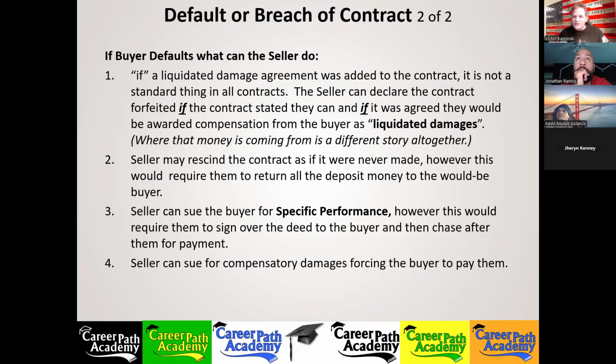They were just going to give you the deed? Now you have to pay them if you accepted it. So you got to be a moron. Don't accept the deed from the seller if you don't want the property. So the seller can sue for compensatory damages, forcing the buyer to pay them as well. That's the fourth option.